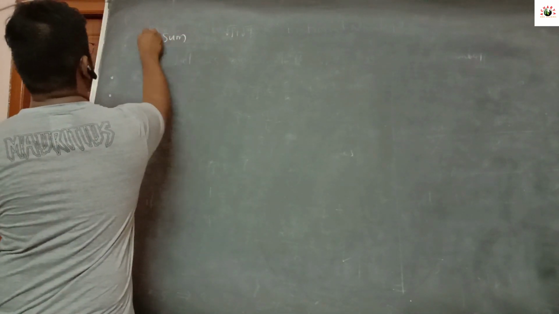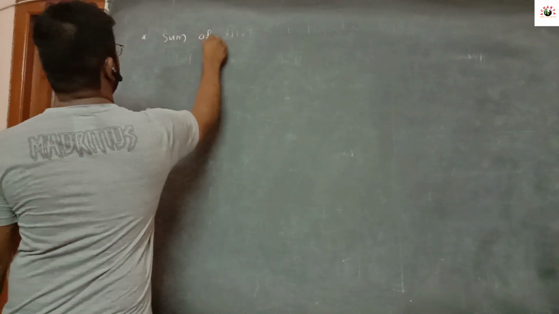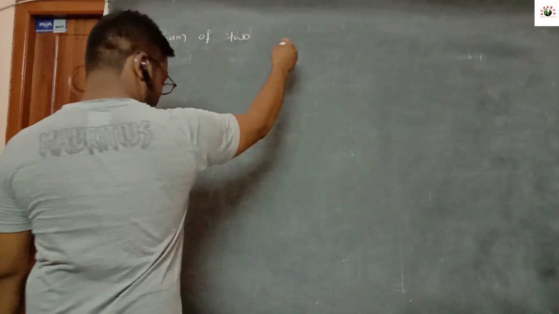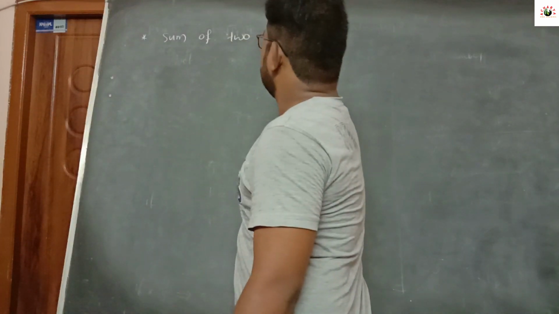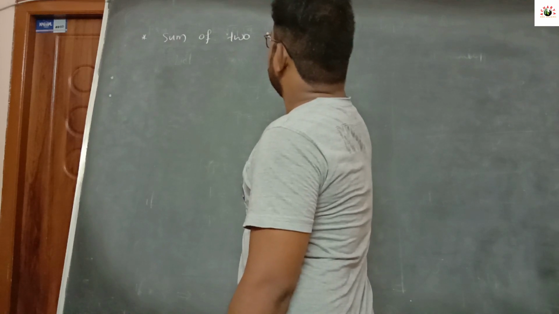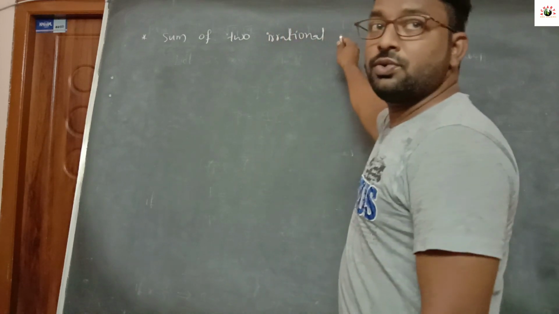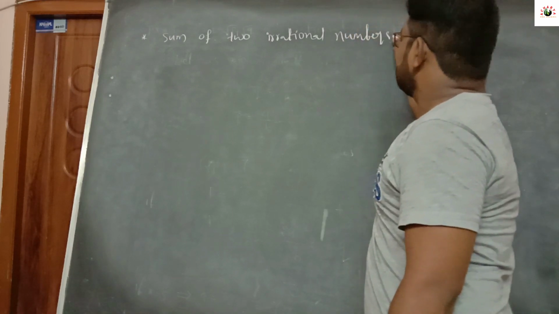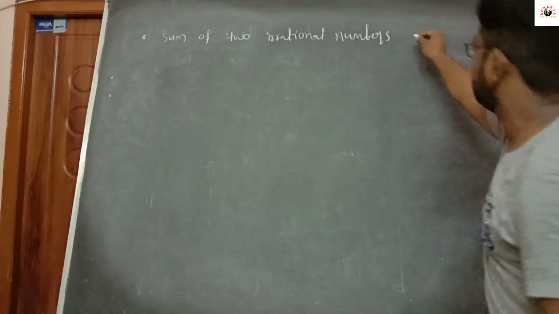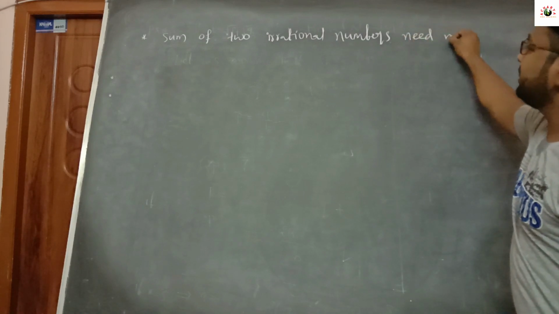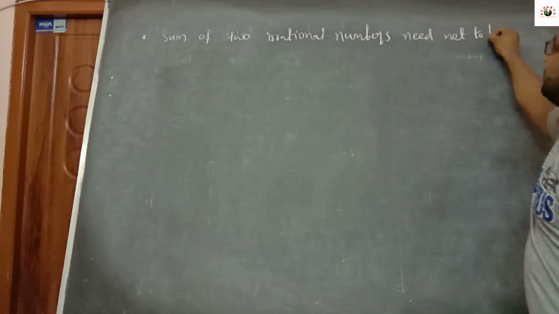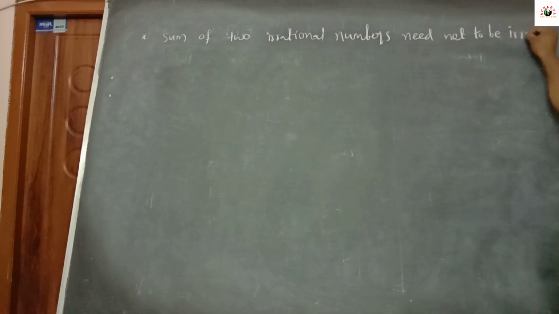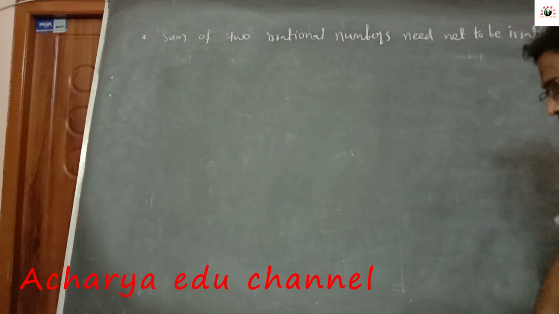I am writing it clearly here, very important: the sum of two irrational numbers need not be irrational. How? We will discuss with one example.